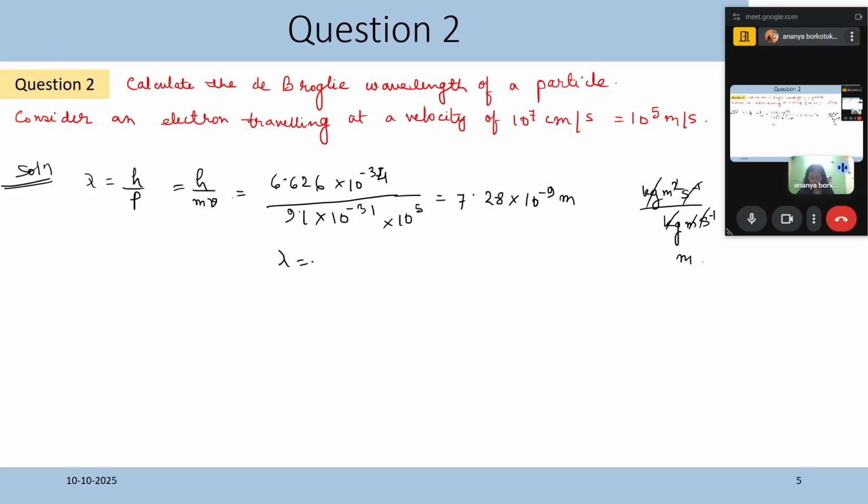So lambda is equal to 7.28 nanometer. Now, electrons, you can see, are very small particles.